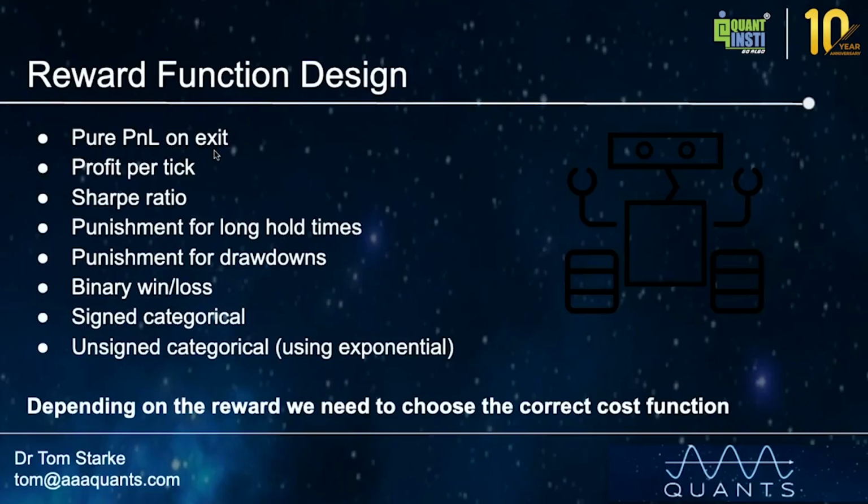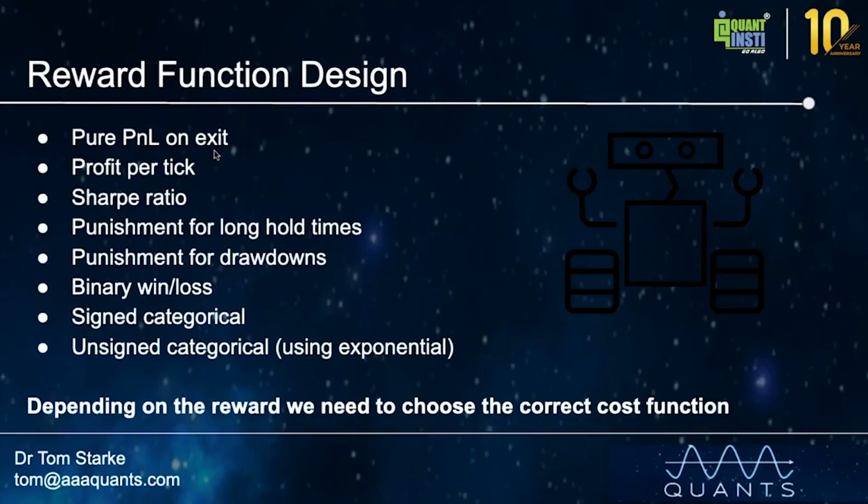Why is this? Because if we use pure P&L, then the machine could just decide to get into a buy and hold state and decide not to exit the trade at all, but just buy and hold. So for example, if we had the US SPY index ETF, which has basically been going up since 2009 for a long time, your reinforcement learner might decide, well, the best strategy really is to buy and hold, which is not necessarily a bad decision to make.